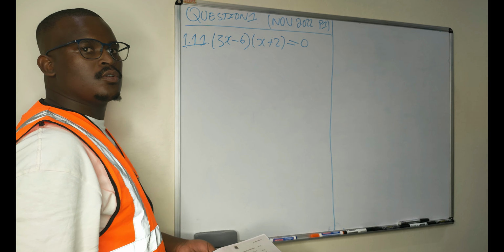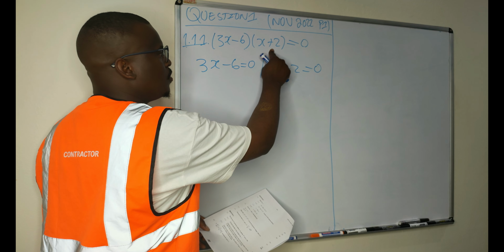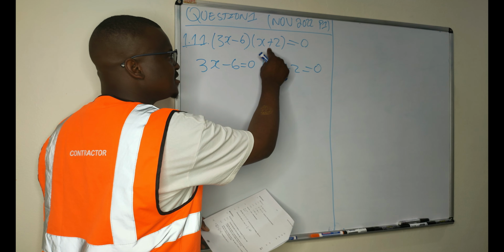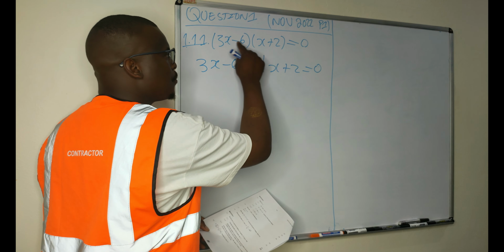Because if this bracket is 0, then the product of the entire thing will be 0 and this equation will be satisfied. Similarly, if this bracket is 0, the product of these two brackets will be 0 and this equation is satisfied.